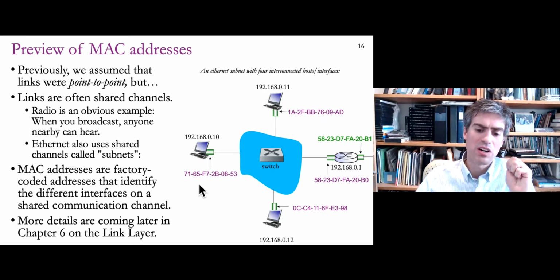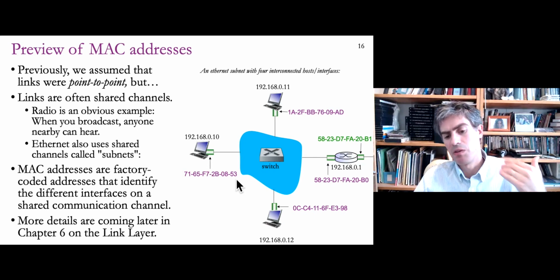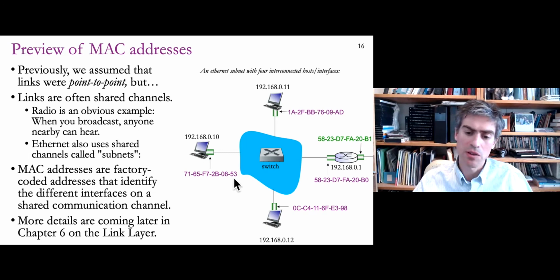They are factory coded, so your machine has the same MAC address all the time. It's pretty long, so it should be different from any other machine's MAC address, and it always stays the same. So whenever you join a network, you have that to start off with, and you use that to distinguish between the other hosts, the other interfaces that are on the same channel.